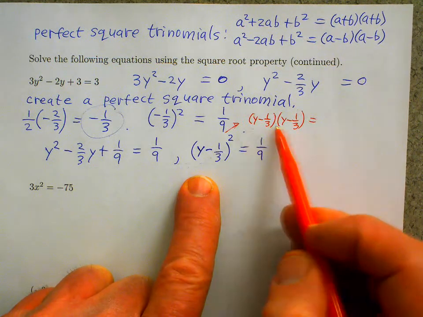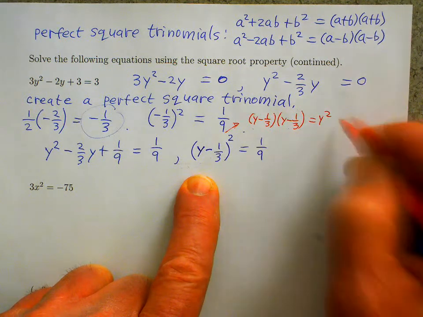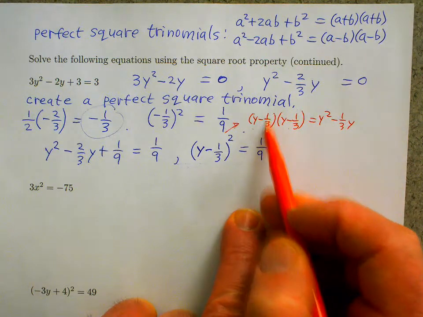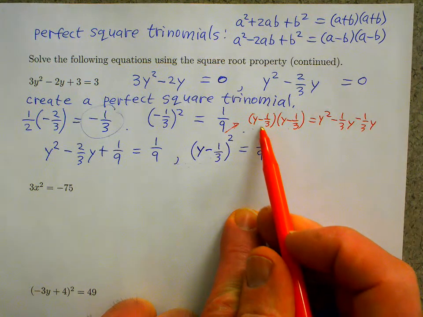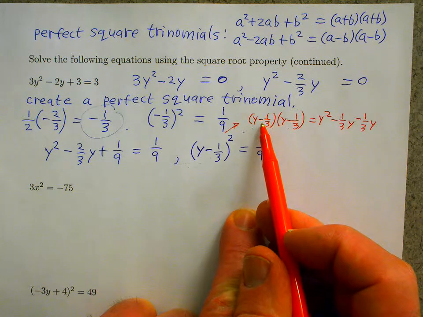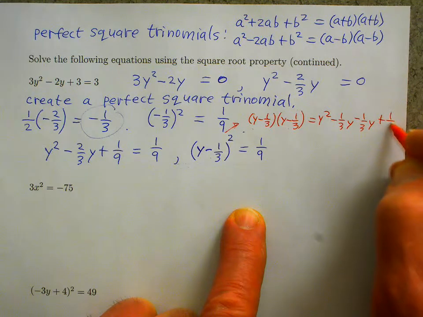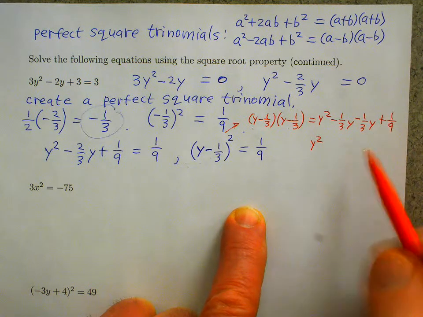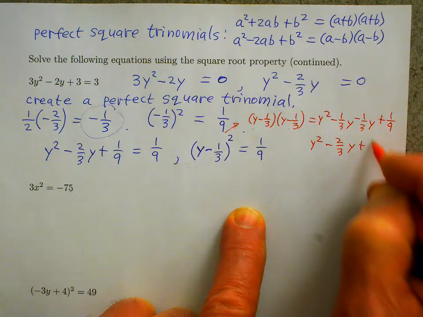So y times y is y to the second, and then minus y times 1/3, or minus 1/3 y. And then we have minus 1/3 y again. And lastly, in effect, what we're doing is we're multiplying negative 1/3 times negative 1/3, which is positive 1/9. And then the two middle terms are like terms, so we get y squared minus 2/3 y plus 1/9.